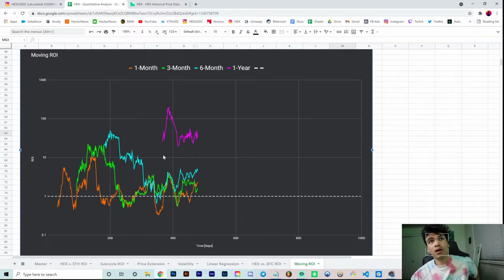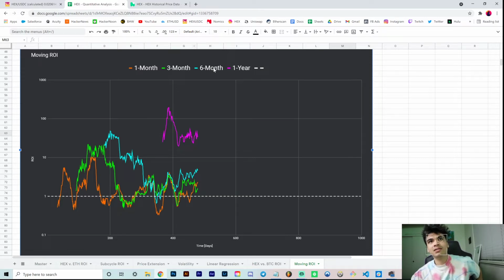But for the most part, if you have a 3 month time horizon in HEX, historically speaking, you're pretty much profitable, I would dare say 75% of the time, if not more, right? I would have to take an actual integral of the data to see how much area is beneath this curve, how much area is above this curve. That's a little advanced here. I might do that later in a future video.